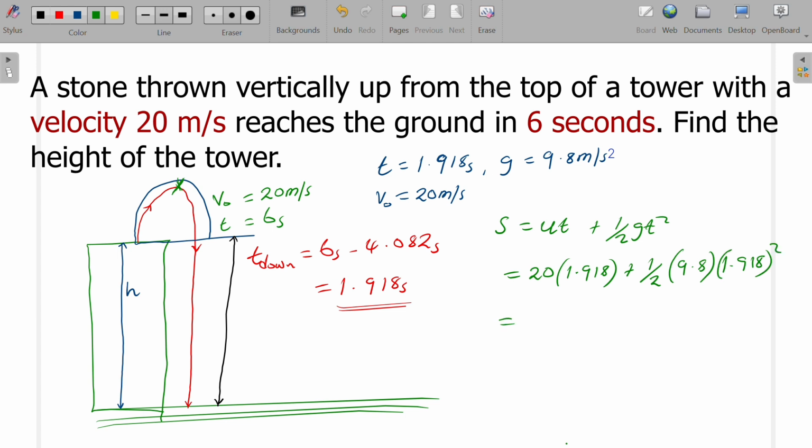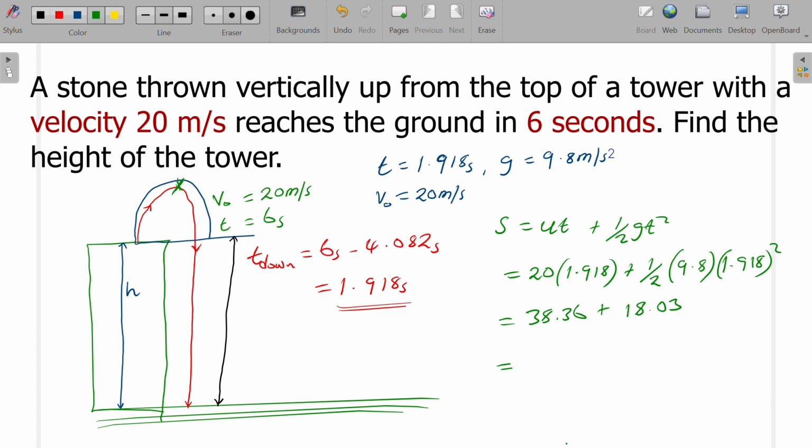Then this will be equal to 20 multiplied by 1.918, which gives 38.36. That is being added to, when you do the mathematics on the other side, 18.03.